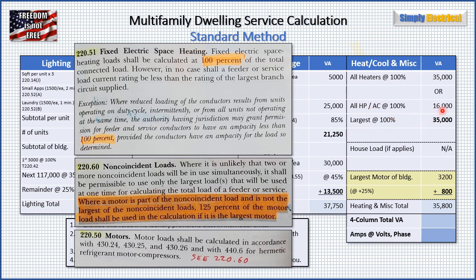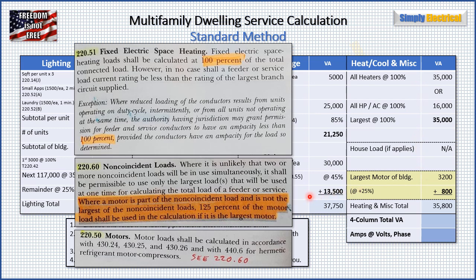So we take 125% of 3200, which is the largest motor. It's just one heat pump. So 125% of that is 4,000. So if we took this at face value, you'd have to add 4,000 to the 35,000. So that'd be 39,000 VA just for heating and largest motor.